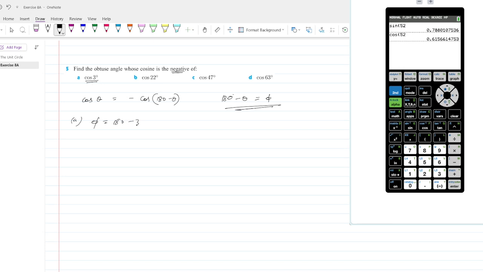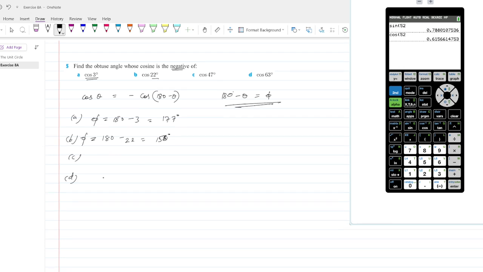Theta is 3 here. So this becomes 177 degrees. So phi equals 180 minus 22. So this becomes 158 degrees. Similarly, we can do C and D. I'll go to the next problem.